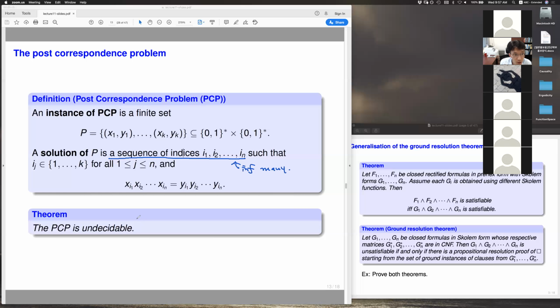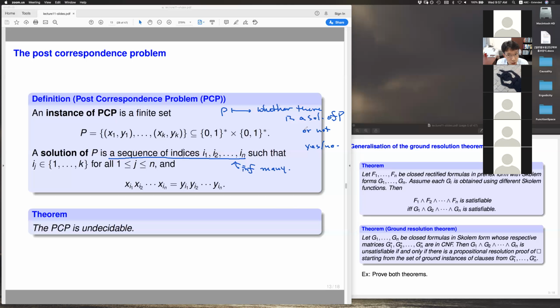So the decision version of this PCP is: given a finite set P, we want to answer whether there is a solution of P or not. So this is either yes or no. And the task is designing an algorithm that takes P and returns yes when this is the case, and no when this is not the case.